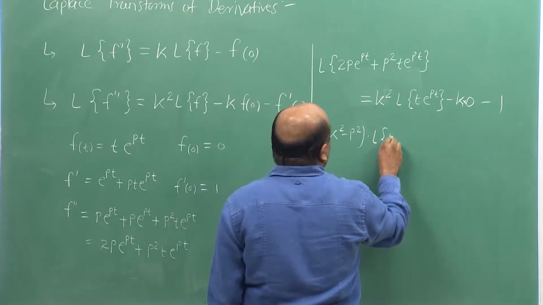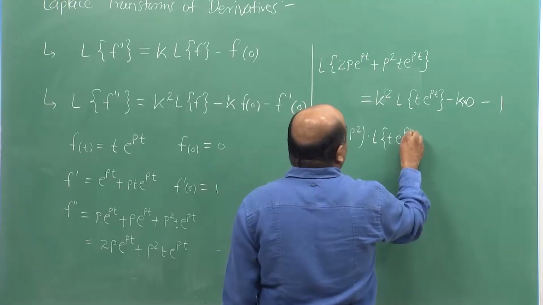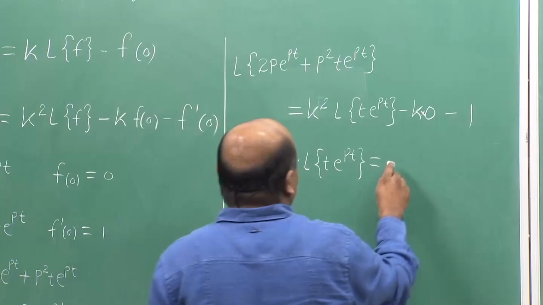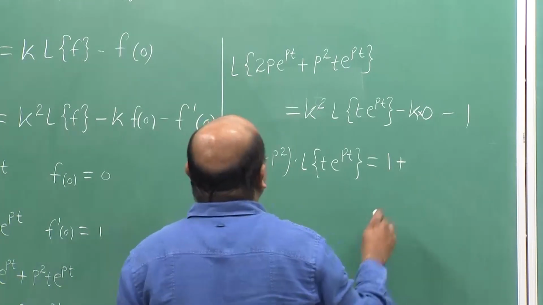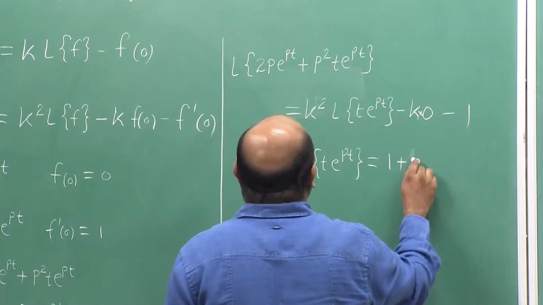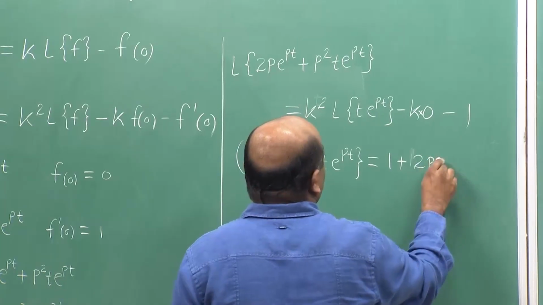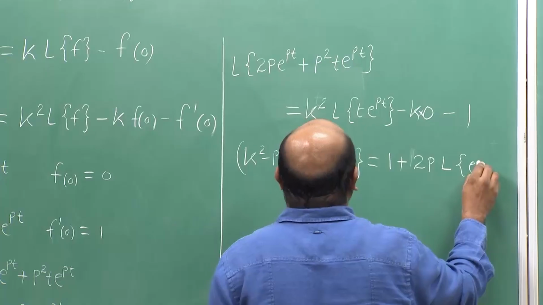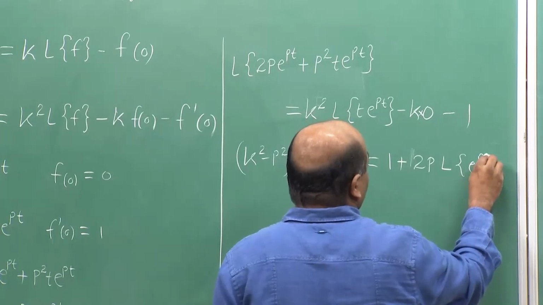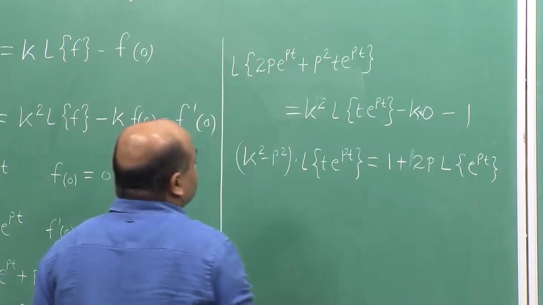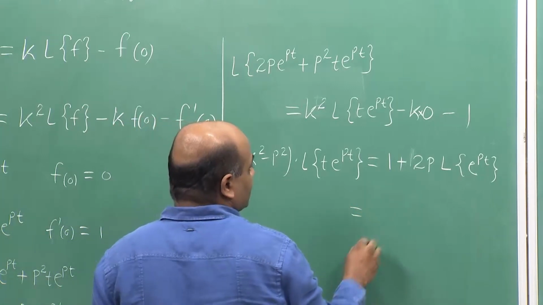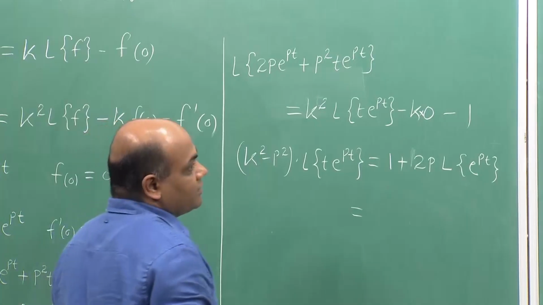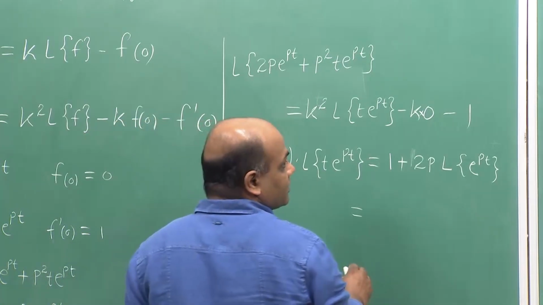times L of t times e to the power pt is equal to, the 1 will come on this side, 1 plus 2p times L of e to the power pt, and L of e to the power pt is 1 over k minus p.